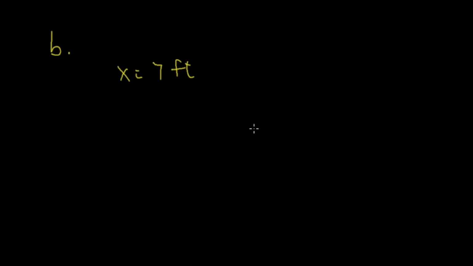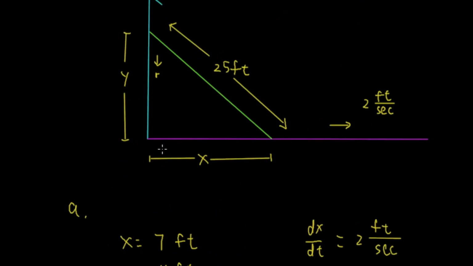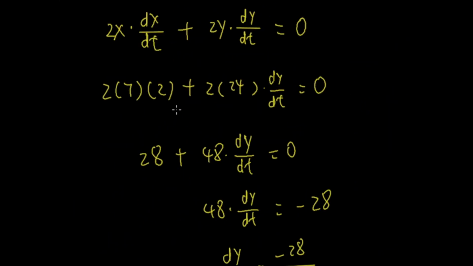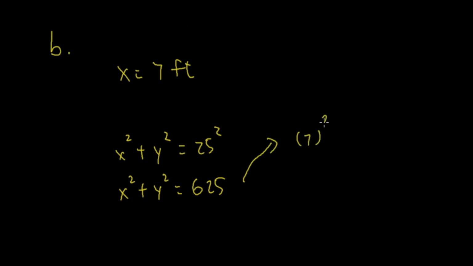In this case, do we know what y is? We know that x is 7 feet, and the hypotenuse, which is the ladder, is 25 feet. We can calculate what y is. We know that x squared plus y squared is equal to 25 squared. So x squared plus y squared equals 625. 7 squared plus y squared equals 625.